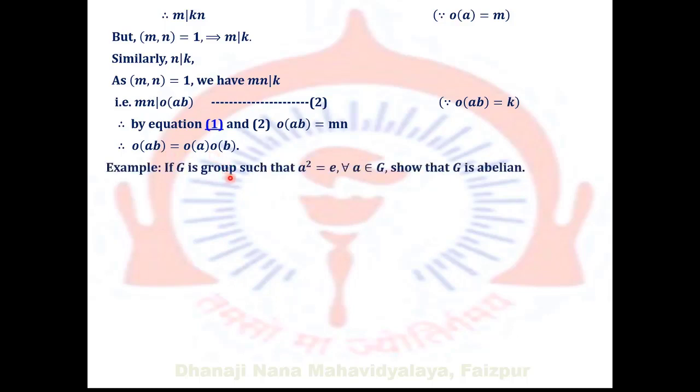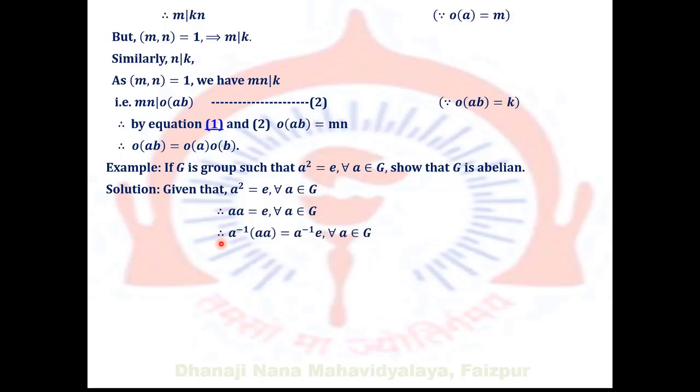Now next example: if G is a group such that a^2 is equal to e for all a belongs to G, then show that G is abelian. So given that a^2 is equal to e for all a belongs to G, therefore a into a is equal to e for all a belongs to G. Therefore, if we pre-multiply both sides by a inverse, then we get a inverse into a is equal to a inverse into e.